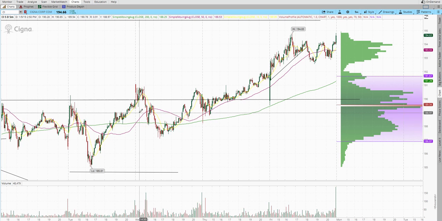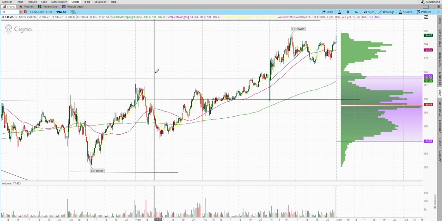What happened was I bought Cigna 4 calls, 4 of the 195 strike calls for a price of $2.10, i.e. $210 per contract. So for a total of $840 for the entire position, anticipating that Cigna would have continued upwards breaking out.